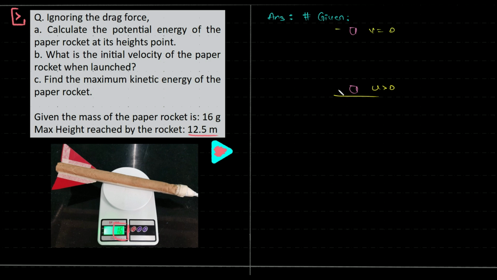And this highest point happens to be how much? Yes, this highest point happens to be 12.5, that is 125 by 10 meters.